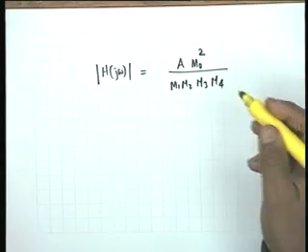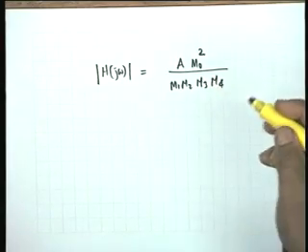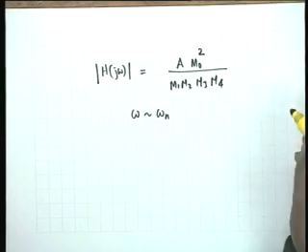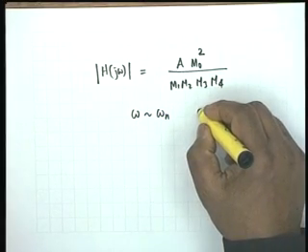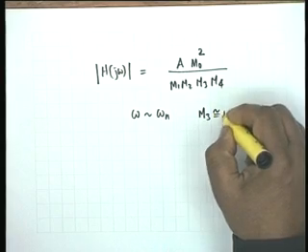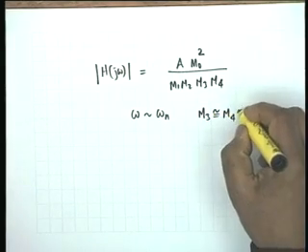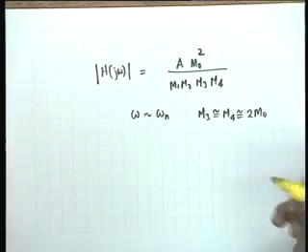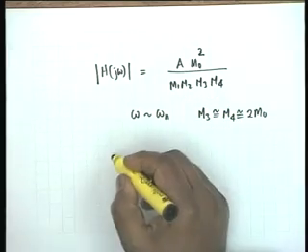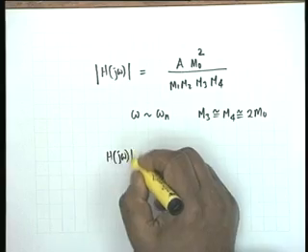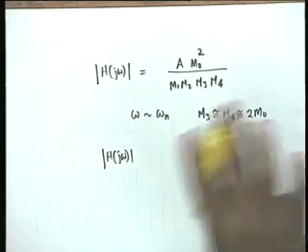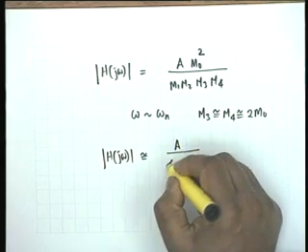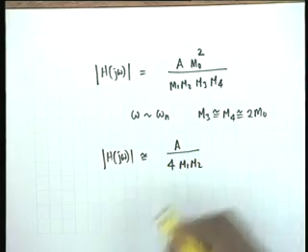Not cube, and therefore it will make a difference. Now obviously if omega is of the order of omega n, then m3 would be approximately equal to m4, approximately equal to twice m naught. If I substitute this here, instead of putting omega n, this would be approximately equal to A divided by 4 m1 m2.